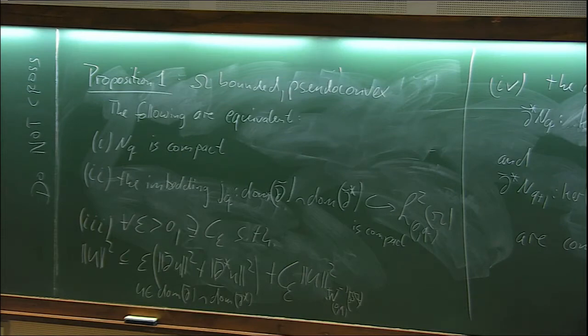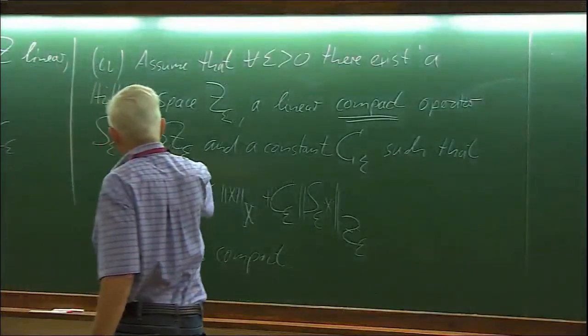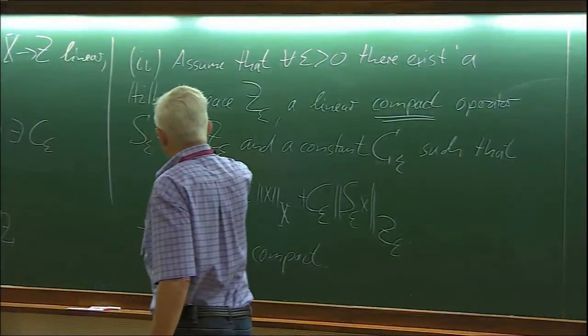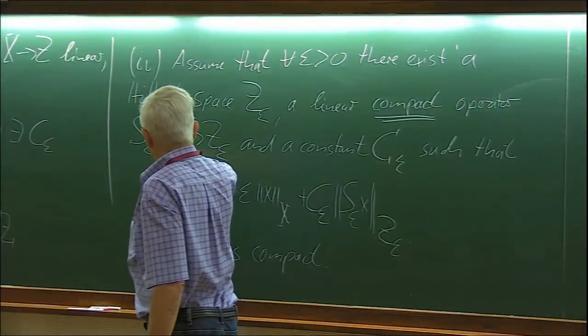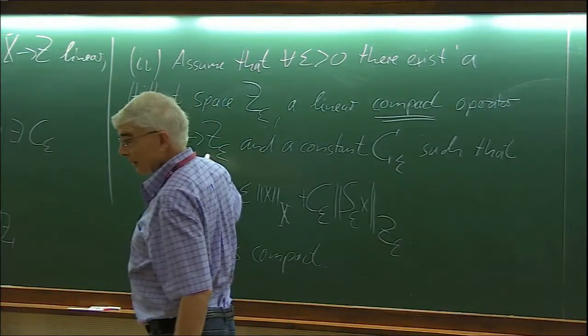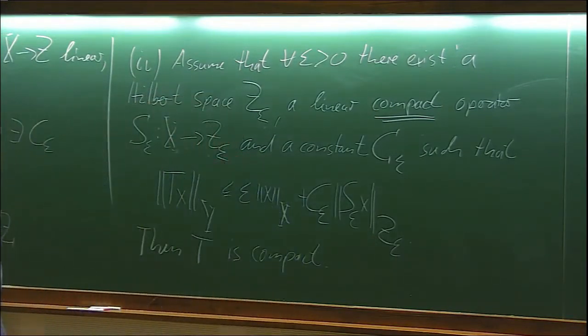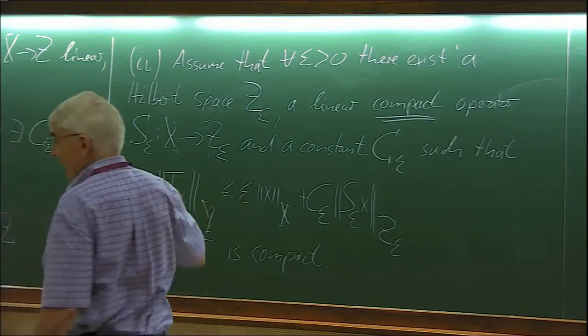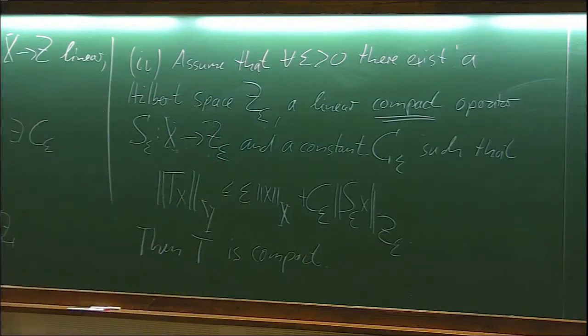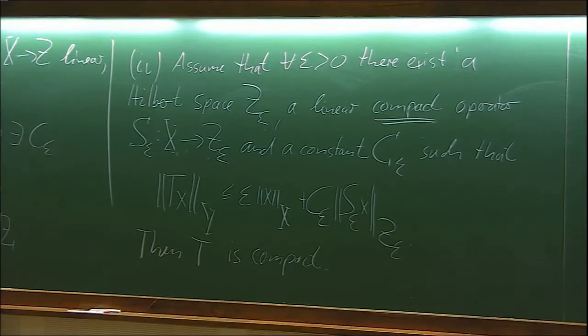Then S_epsilon is now just S from domain d-bar intersect domain d-bar star. This embeds continuously in L2 and therefore compactly into W^-1. So then the compactness estimate over there just gives this estimate, and it says that J_q is compact. And we've already seen J_q compact, of course, means N_q compact.